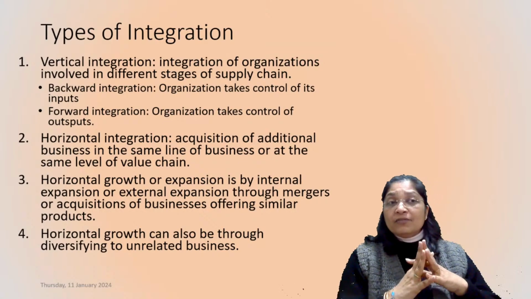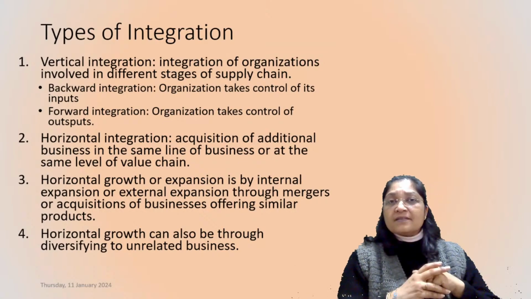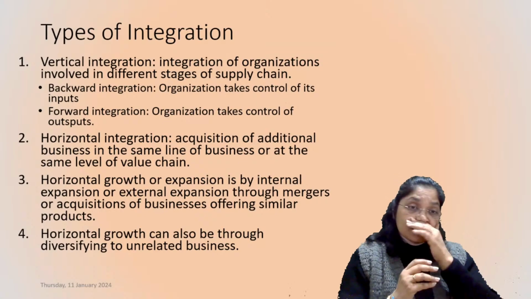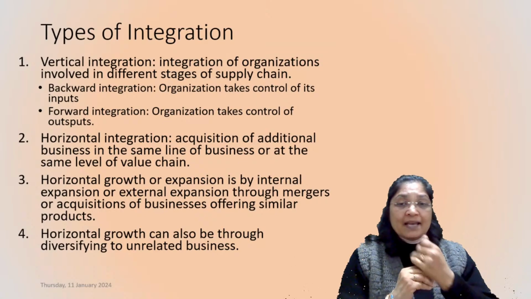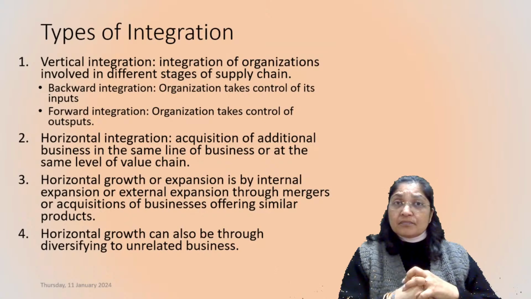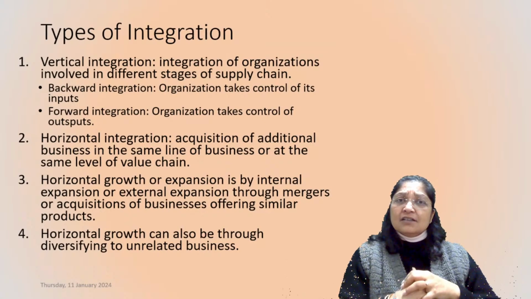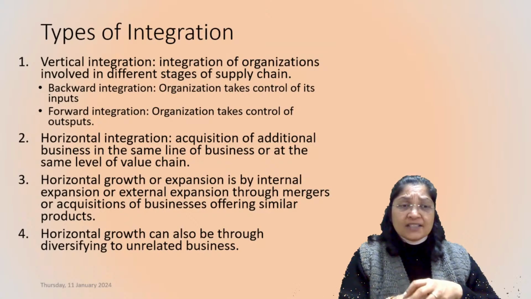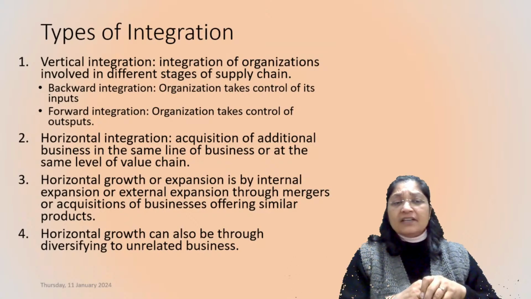So you say, why don't we take over those companies? That will strengthen our business, it will strengthen our product line, and at the same time we will be able to manage larger areas, we'll be able to have better products. So horizontal integration is basically acquisition of additional business in the same line in the industry.